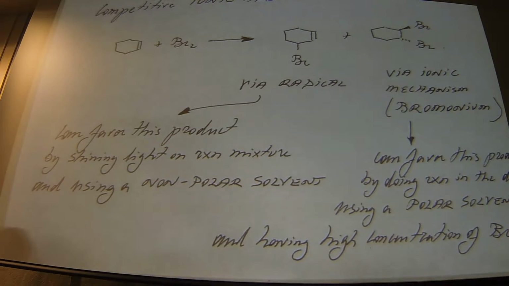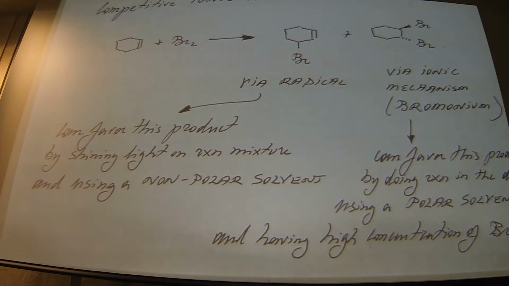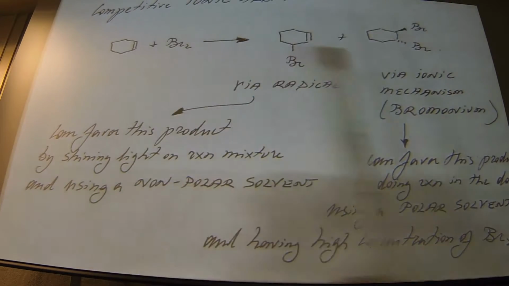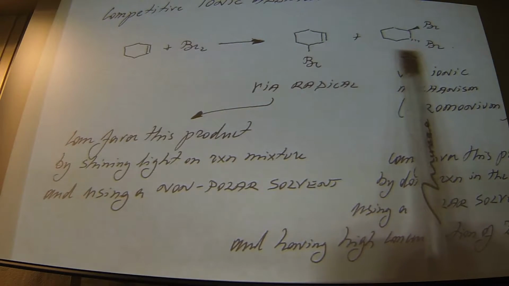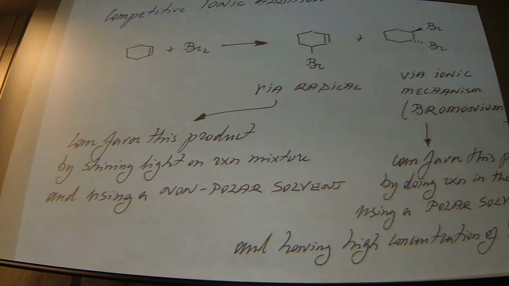Now, there's one other thing you can do, and this is maybe not obvious, and that is use a low concentration of Br2. And so why should the concentration of Br2 be important? The reason is that in the rate limiting step for the ionic reaction, you have the concentration of the alkene and the concentration of the bromine.